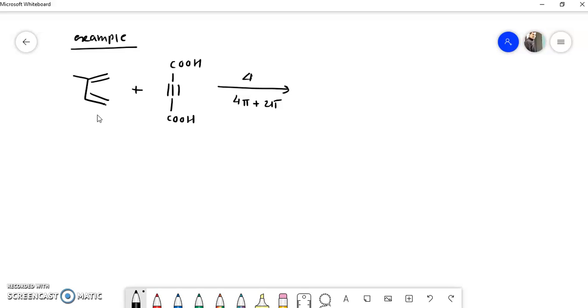The mechanism is the same. First, this bond will shift here, this bond will shift here, and this bond will shift here, so there is a formation of this 6-membered cyclic ring. Here the double bond will remain as it is, because out of these 3 bonds, 1 bond is utilized for the movement and the other bond remains as it is. So this is the product of this reaction.